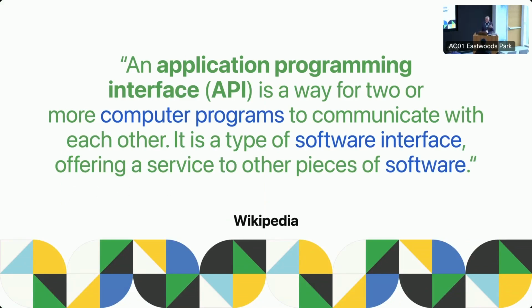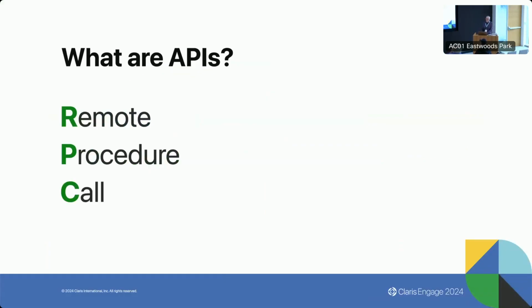When we're talking about APIs in the sense of FileMaker, we're talking about interacting with remote systems. There are a number of different styles of API. One of the original ideas was a concept called remote procedure call, which is pretty much exactly what it says on the tin. It was a way that you could call a procedure in a remote system.